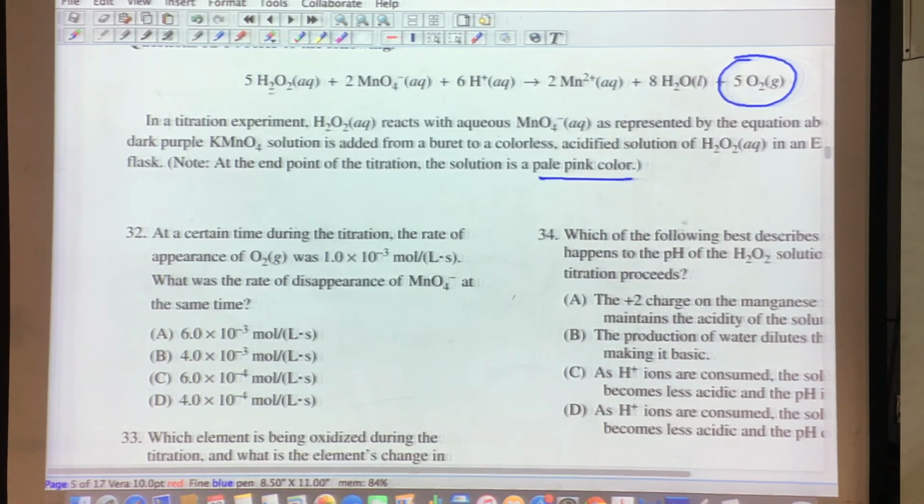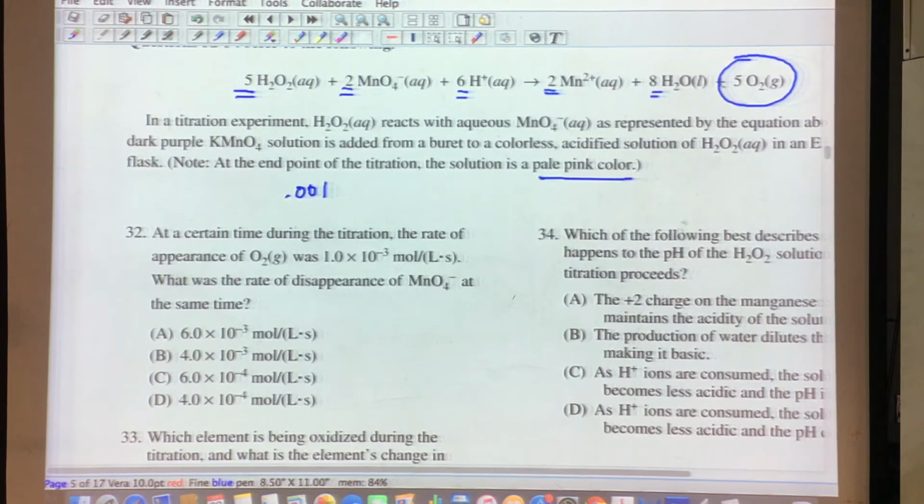That relationship is stoichiometrically related, based on the coefficients. So, at a certain time during the titration, the rate of appearance of O2 was 1 times 10 to the negative 3, 0.001. What was the rate of disappearance of MnO4 negative at the same time?